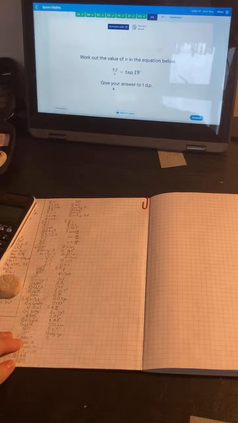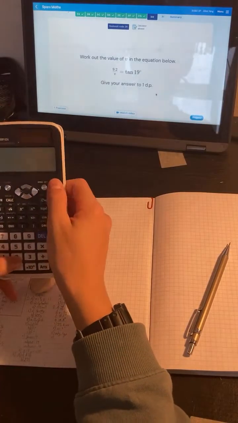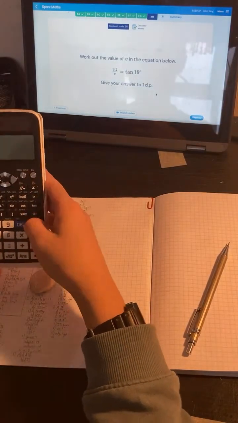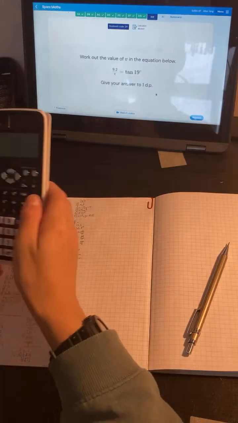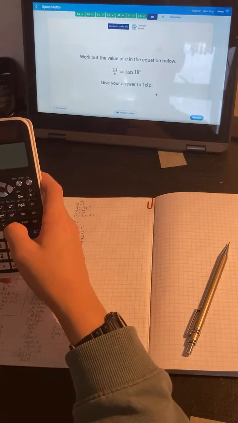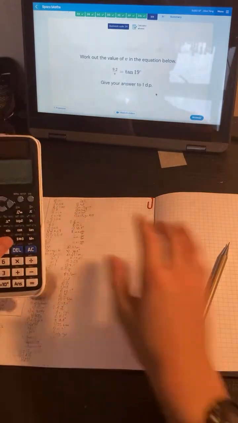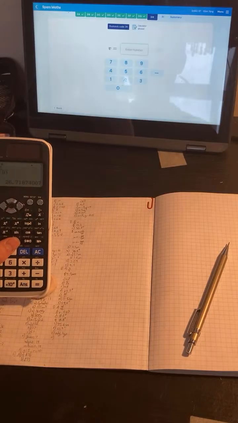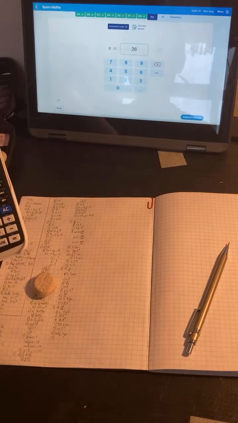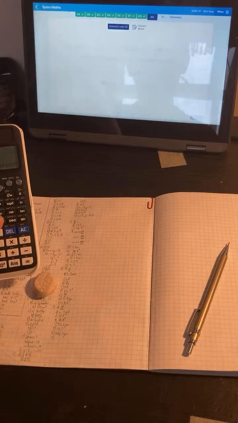Value of v in the equation below. Okay, right. I should click all cancel. My button's gone down. Tangent 19 over 26. Rounding to 1 dp, so 0.7.